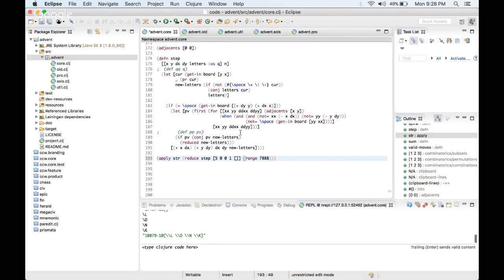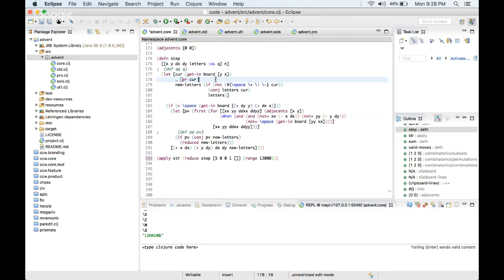I see. Okay. Not done yet. 10,000. 20,000. Okay. All right, so around 13,000 steps.